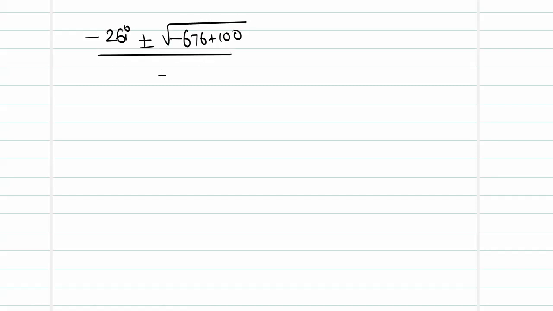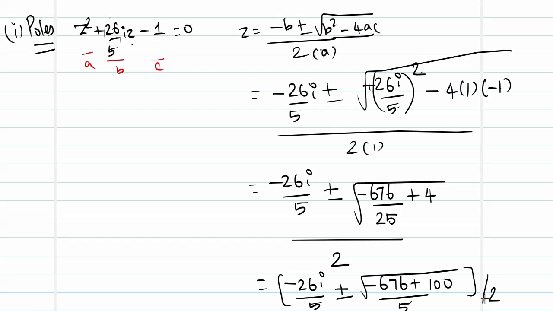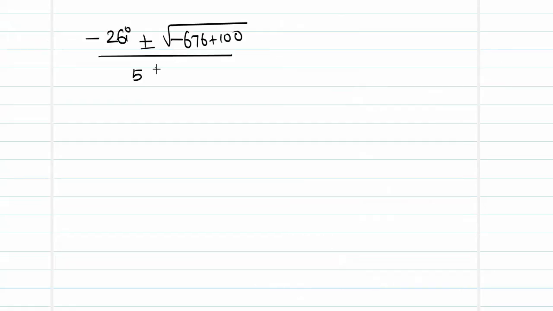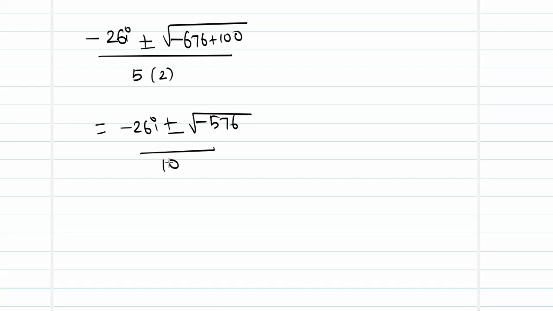So this becomes minus 26i plus or minus 676 plus 100, the whole square root divided by 5 comes to the denominator from over here, and already there is a 2, so that gets to be equal to 10. So minus 26i plus or minus, this makes it as minus 576, the whole square root divided by 10.